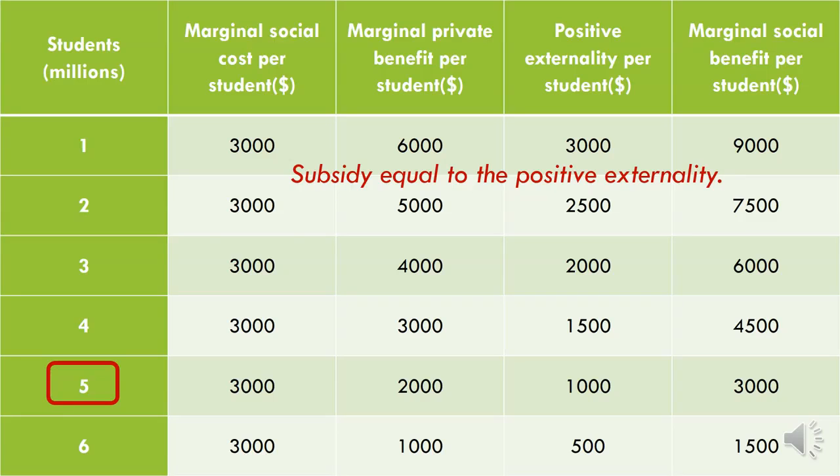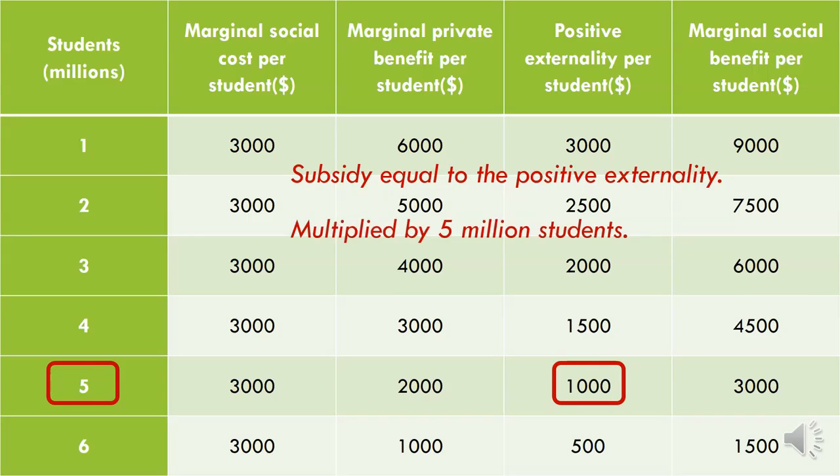So it's a subsidy paid to people who will enroll in education. And as we can see, at the level of 5 million students, that positive externality is 1,000 per student. So the government will be paying a subsidy of $1,000 per student in this hypothetical example to encourage enrollment to increase from the market outcome to the socially optimal outcome of 5 million.